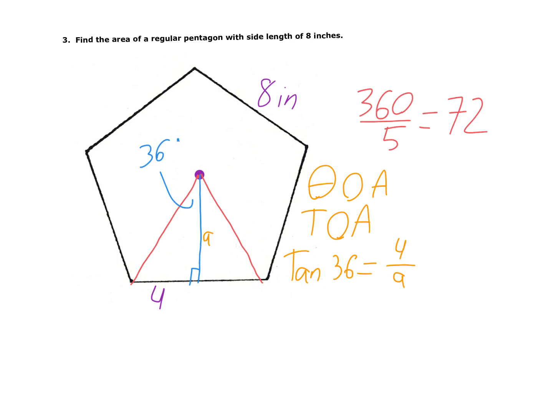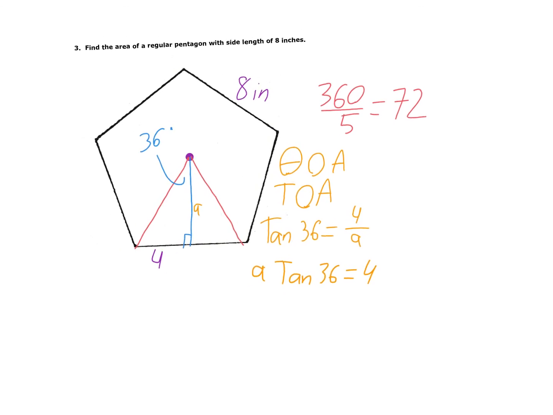I'll multiply both sides by A. That'll give me A times the tangent of 36 equals 4. Divide both sides by the tangent of 36.